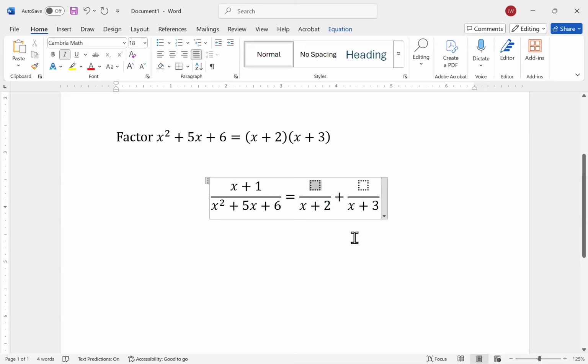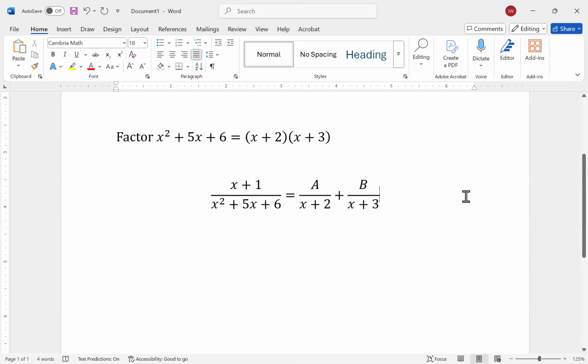And it turns out if I am in this case where I have my denominator factoring into a product of distinct linear pieces, then I can know that the actual summation here will just have a real number over x plus 2 plus a different real number over x plus 3.